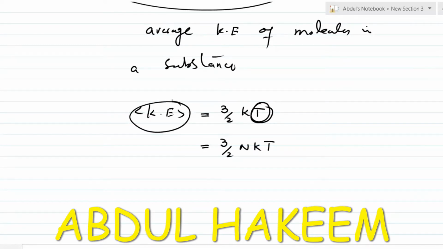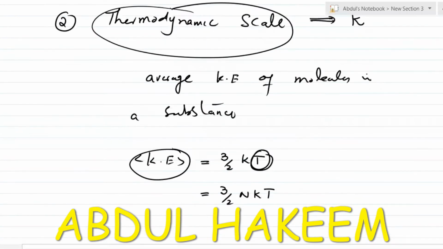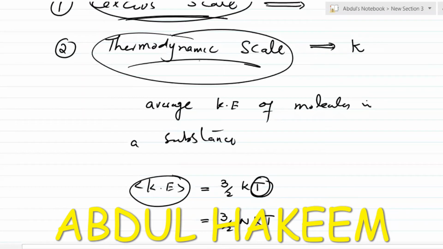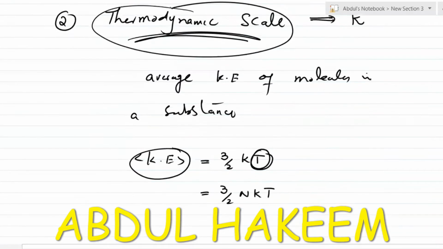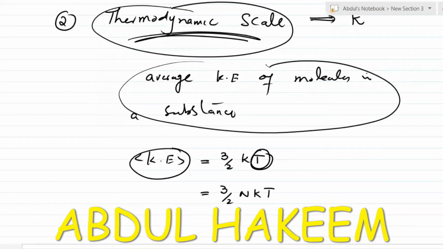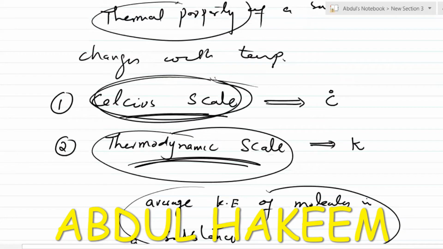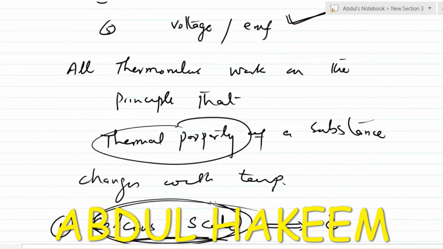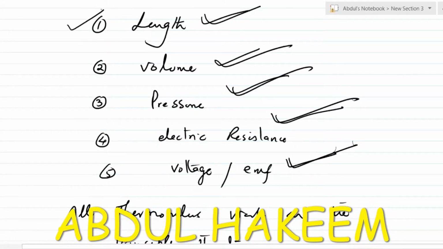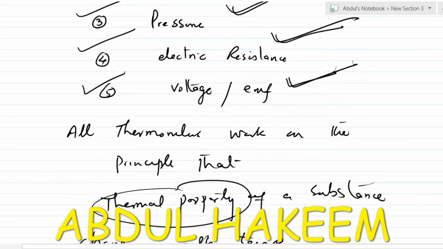So this Kelvin scale, mean the thermodynamic scale measured in Kelvin, is depending on the average kinetic energy of the molecule in a substance, but the Celsius scale depending on these thermal properties, length, volume, pressure, electric resistance, and this.